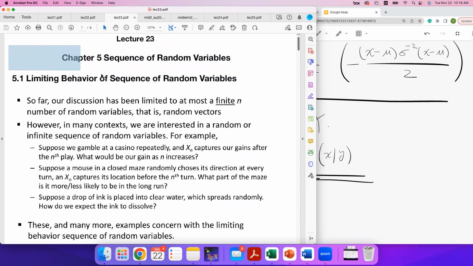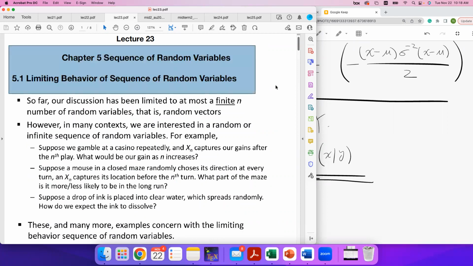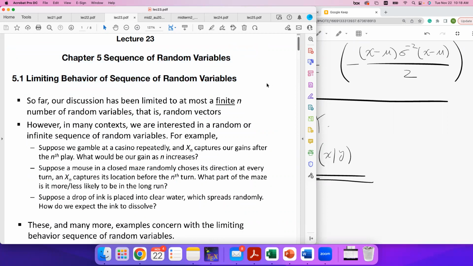These concepts are a little bit advanced, but they are actually very fundamental and very important in the probability framework.